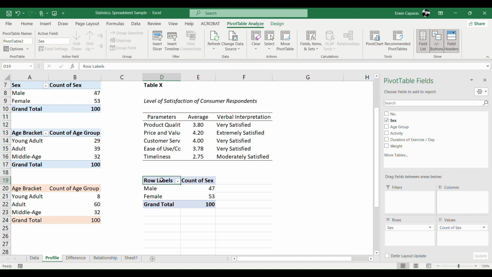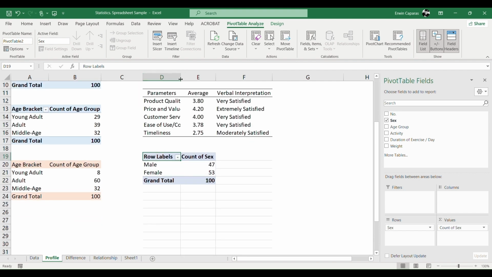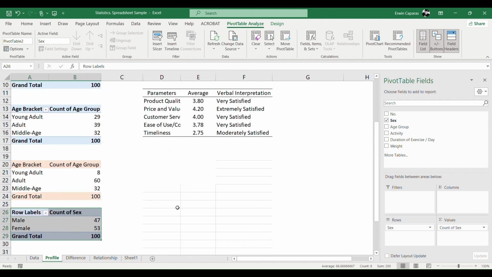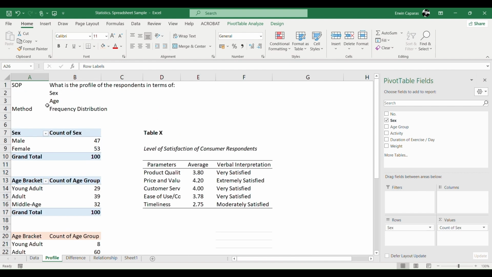How about if we would like to get the data for the age? Siguro i-present muna natin ito. Transfer natin. Ito rin siya. How about if we would like to present it in terms of age?